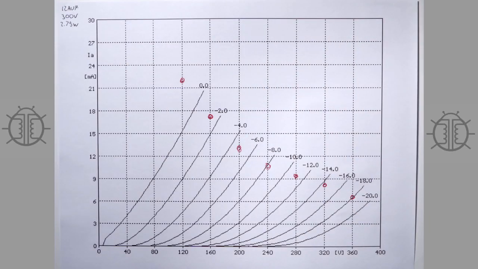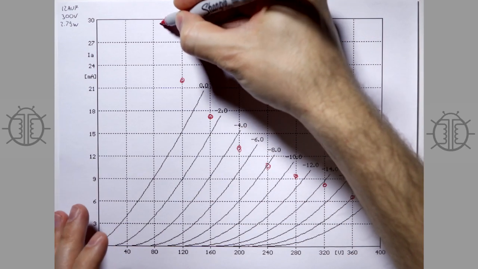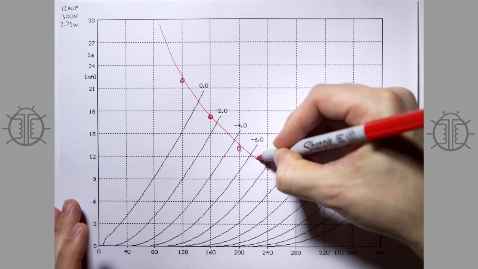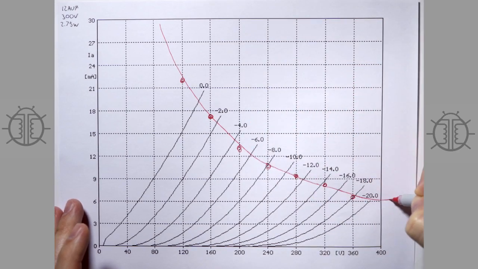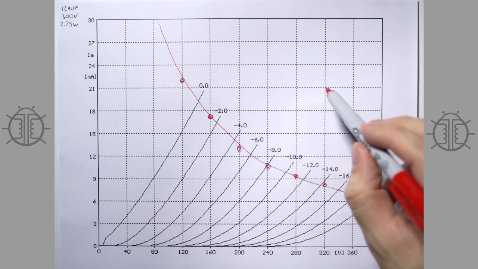All right, so now that we've got that done, a lot of load lines will actually come with this line already drawn, but we're going to draw it like this, and you can kind of see where it's going, and connect the dots here. And so that is the maximum dissipation of the tube. That's why you can't use this area up here.